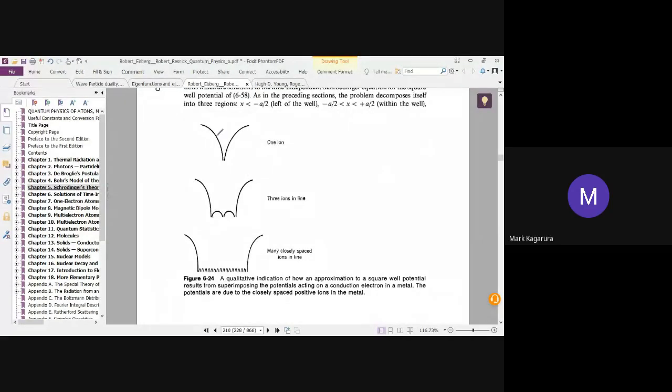But we're usually just interested in one atom. These wells are much deeper, and as you have more atoms, that is why you have electrons much more easily able to move between metals.